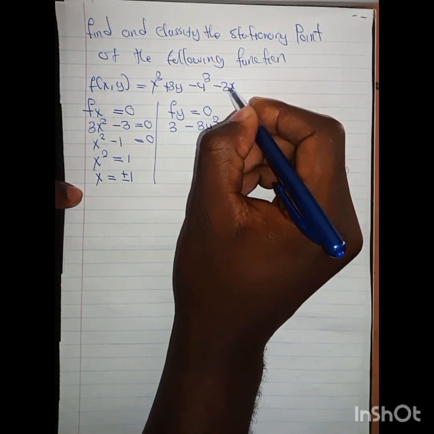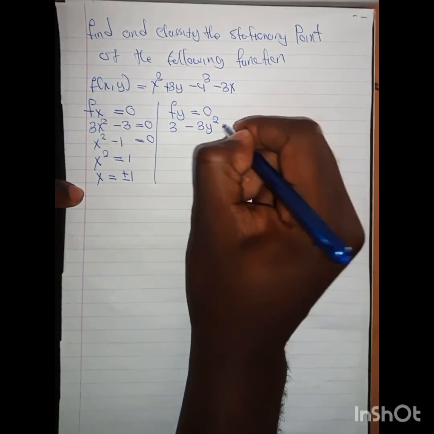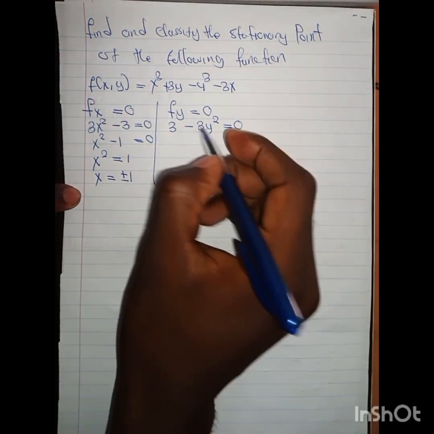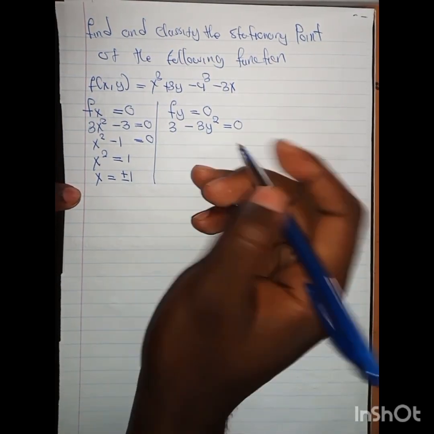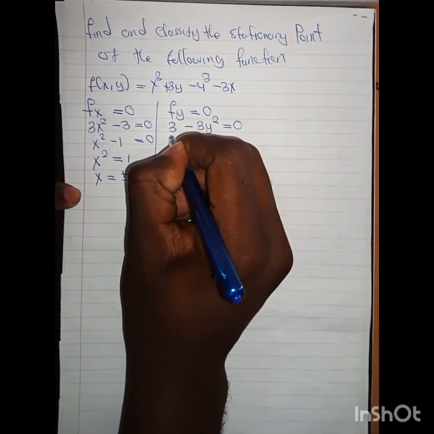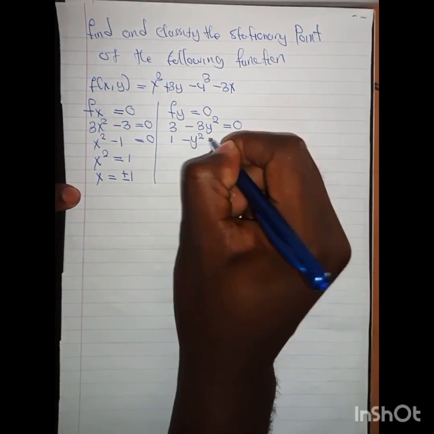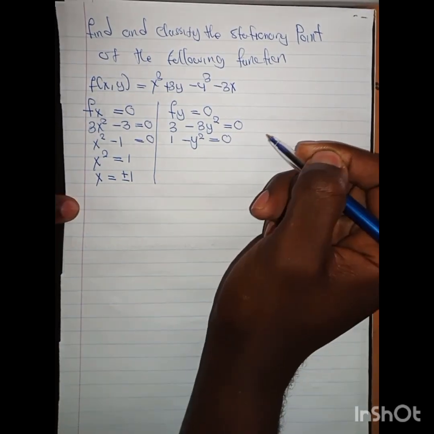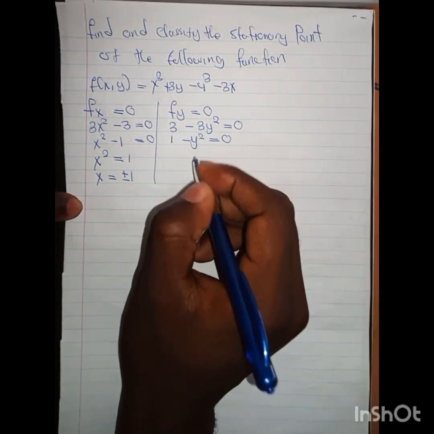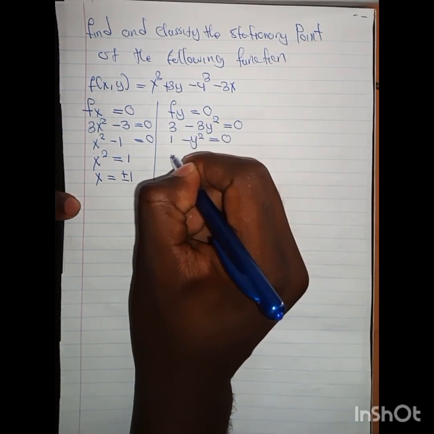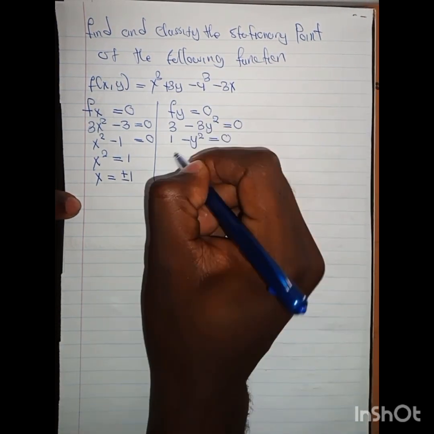There's no y in this term, therefore it's a 0. Then we can equate everything to 0. Then we can also divide by 3 because 3 is common. Then we'll have 1 minus y squared equal to 0. And then from this we can take 1 to the right, and when we take 1 to the right, it will become negative.